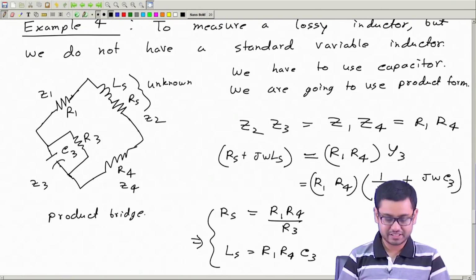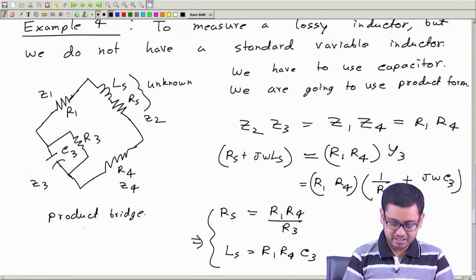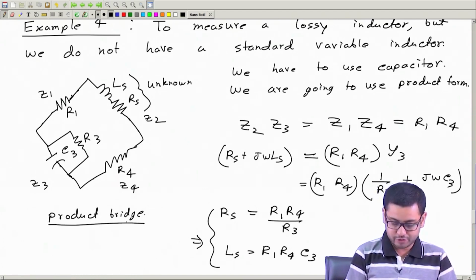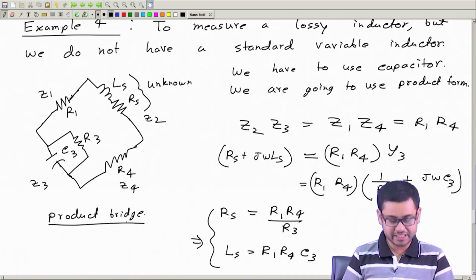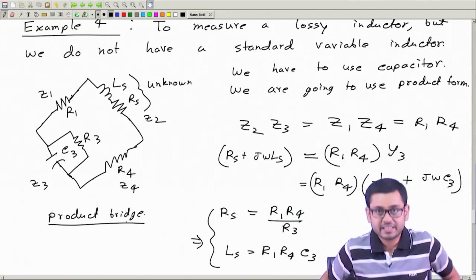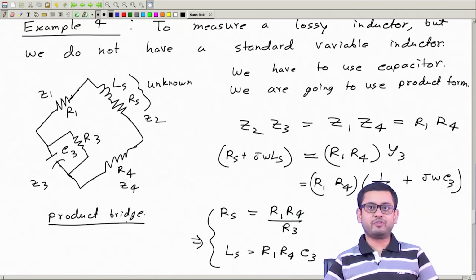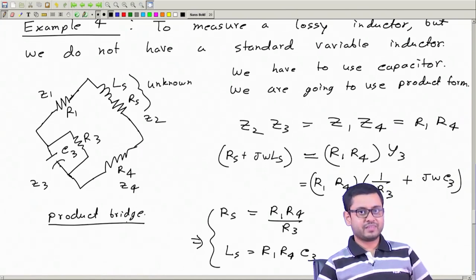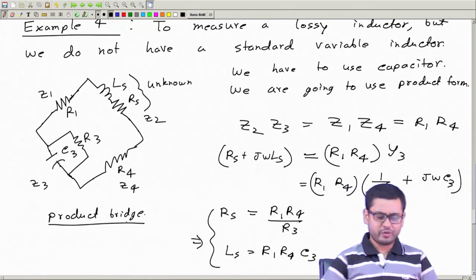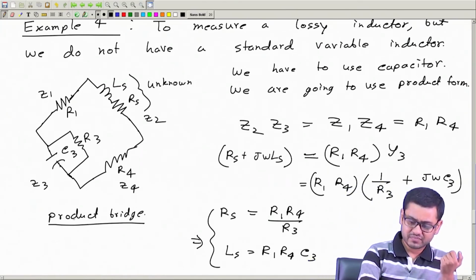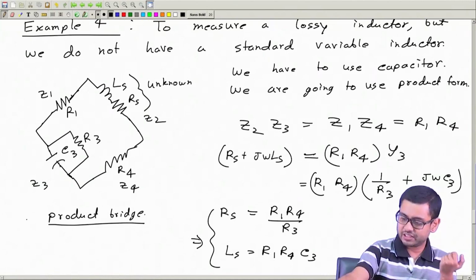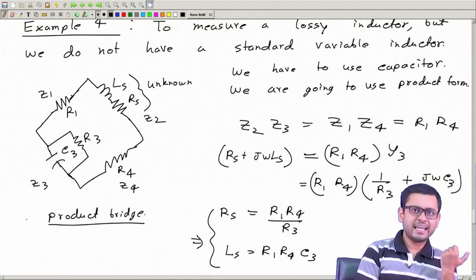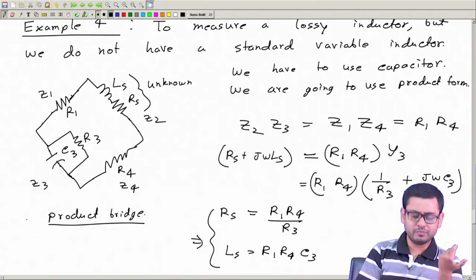It's so easy. So the trick is either use a product form of a bridge or a ratio form of a bridge, then the balance equation becomes so easy, you can find it in 2 lines. And another trick is that when you are using admittance, like here in product form, use the elements in parallel, then it's easy to express it.